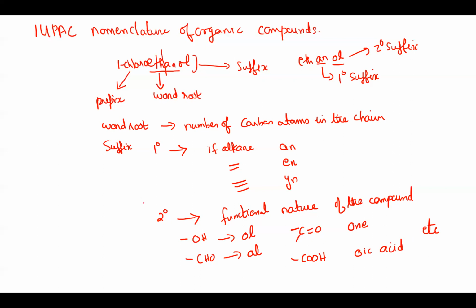Now let us see where we use the prefix. Generally, we use prefix to represent less important functional groups. For example, NH2 we call amino, chlorine we call chloro, and nitro.